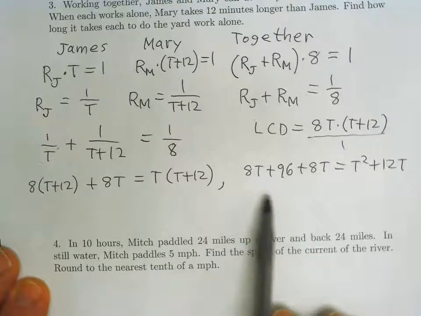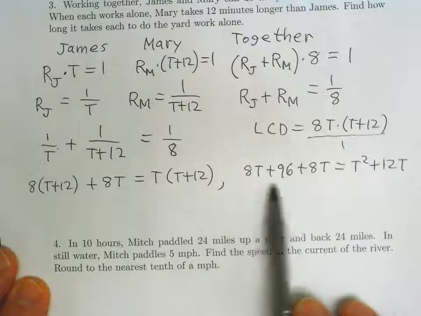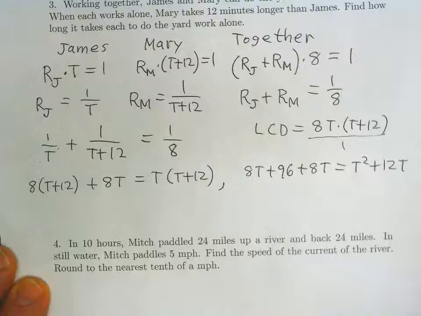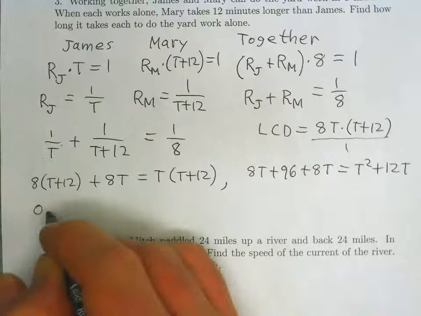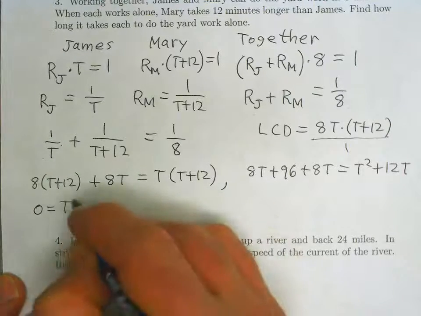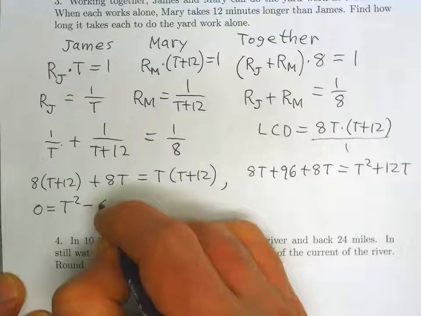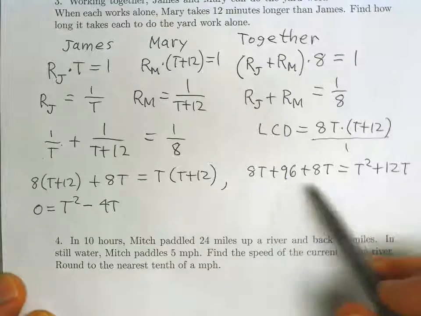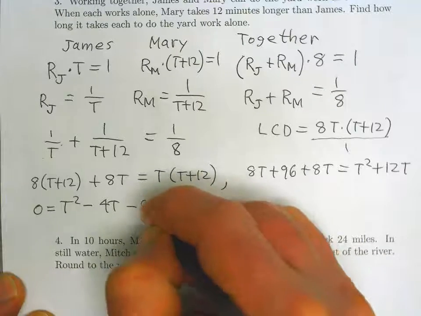Okay, so on the left-hand side, we have a total of 16T. So I'm going to subtract 16T from both sides, and we'll also subtract 96 from both sides. So we get 0 equals T squared minus 4T, because 12T minus 16T is negative 4T. And then we're also subtracting 96.